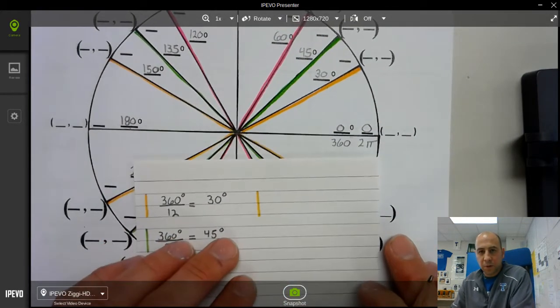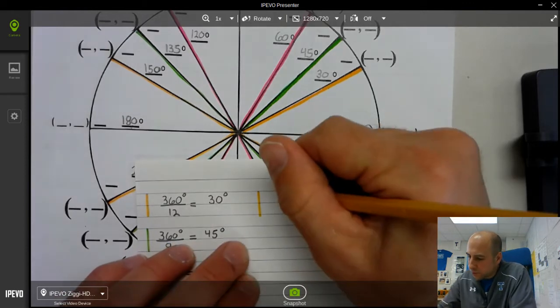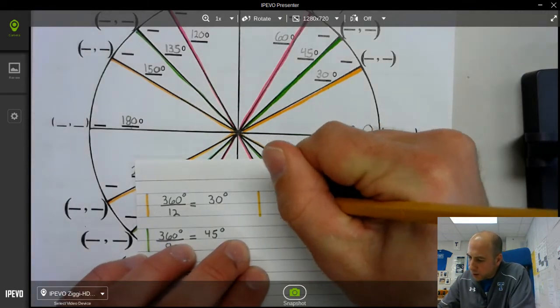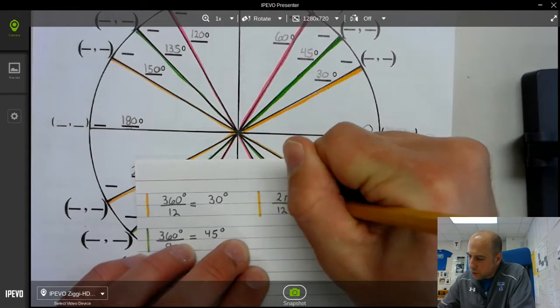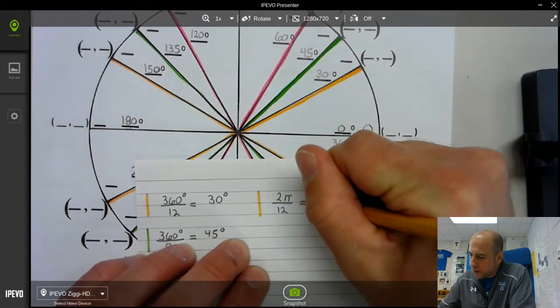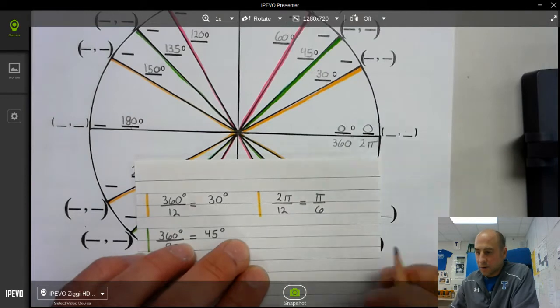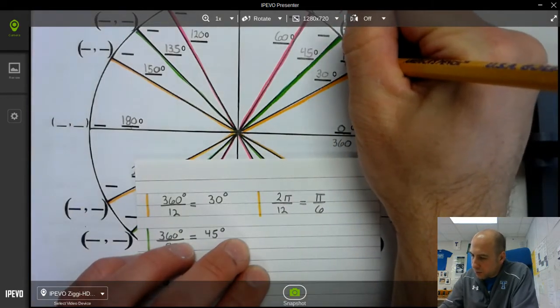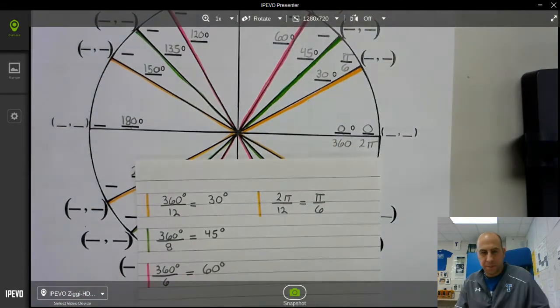So, we know that this is still 12 pieces, so this would be 2 pi divided by 12, which reduces to pi divided by 6. So this is pi divided by 6, okay?